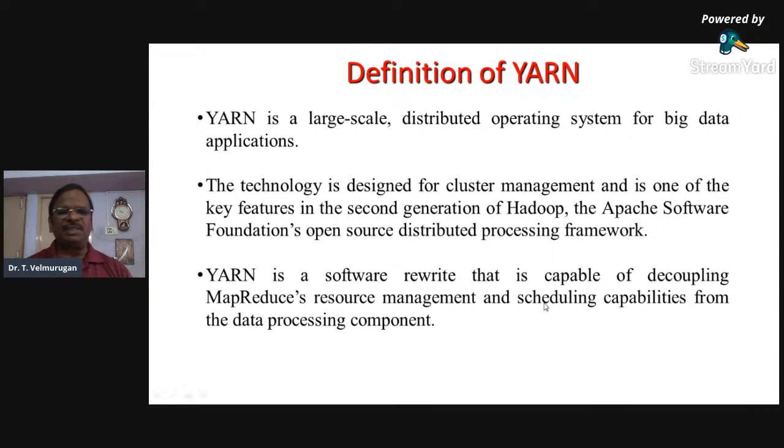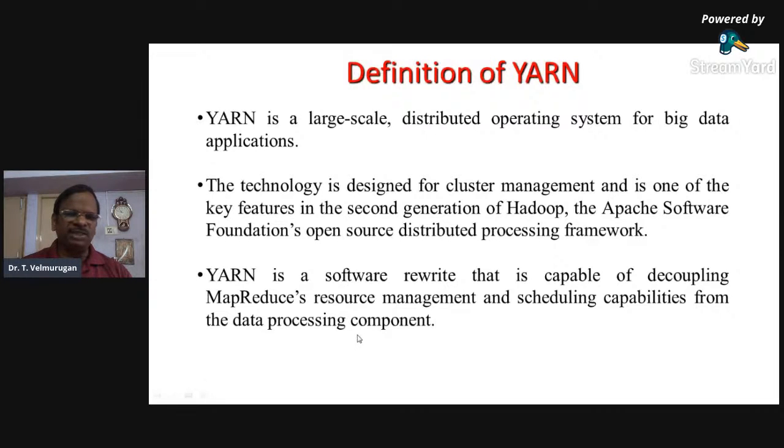Therefore, the technology is designed for cluster management and is one of the key features in the second generation of Hadoop. The first generation of Hadoop is version 1, and the second generation is version 2. These versions are produced by the Apache Software Foundation, an open source distributed processing framework.